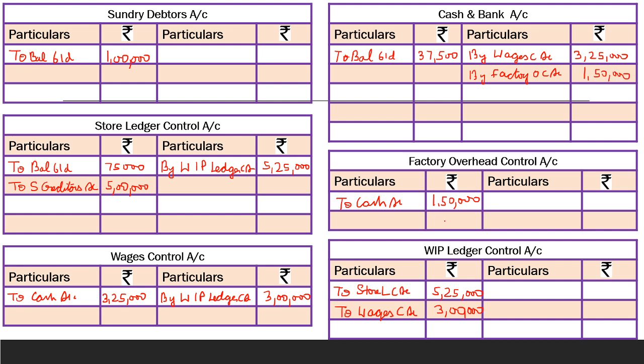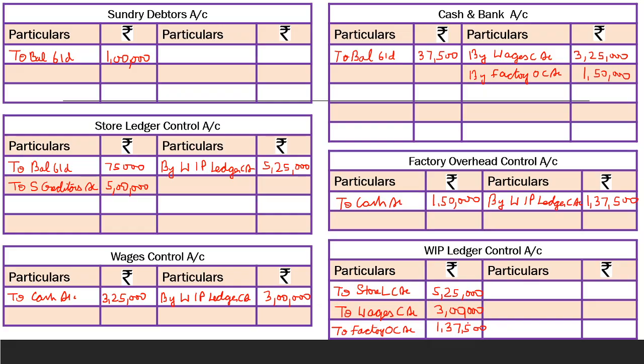Our next transaction is charging of factory overhead, and they are charged from WIP ledger control account or production department. So on the credit side we write by WIP ledger control account, and the amount is 1,37,500, and in WIP ledger control account we write to factory overhead control account 1,37,500.